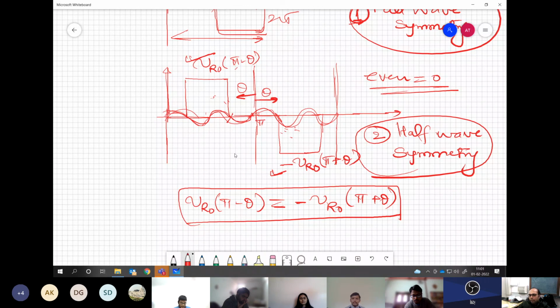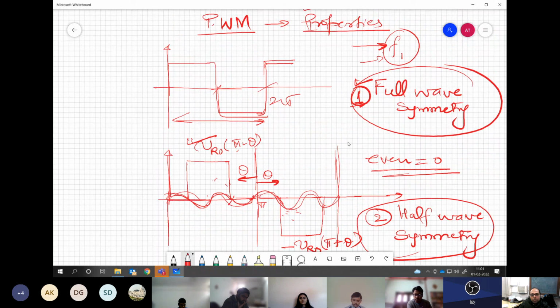Correct? The previous one we can write mathematically as VRO theta is nothing but VRO of 2 pi plus theta. After every 2 pi you have exactly the same value, and this I am talking about steady state operation, of course.